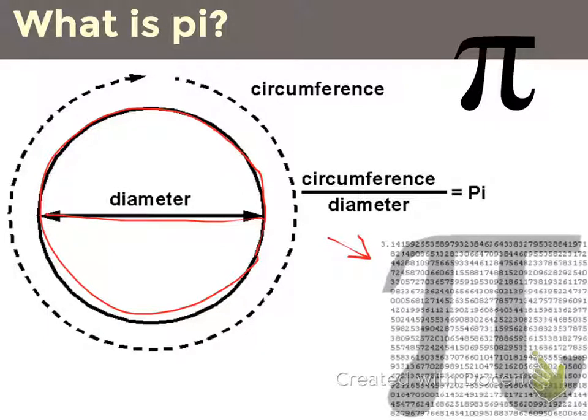If you're a beautiful, perfect circle, your circumference divided by your diameter is going to equal this number. And you can imagine how excited the mathematicians were when they found pi, because it all made sense, because they kept seeing this number pop up over and over again when they were studying any type of perfect circle.